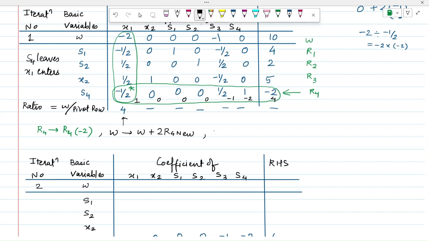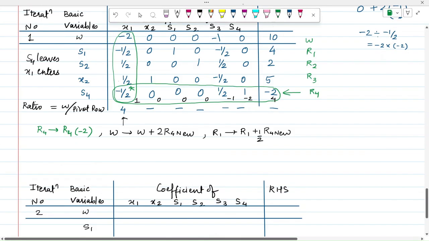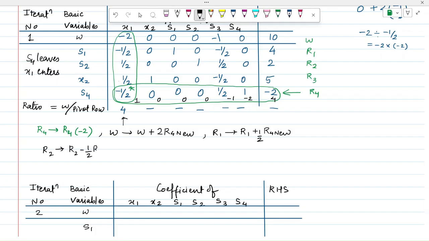Then for R1 row, I'll have to do a plus half times R4 new. And let's work on also the R2 and R3. R2 row, I'll have to do negative half times R4 new.